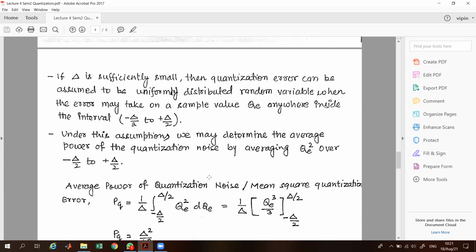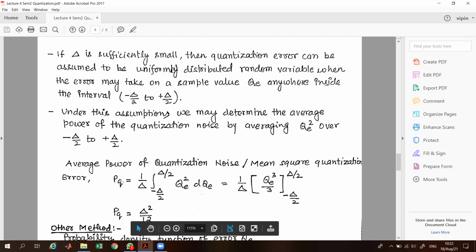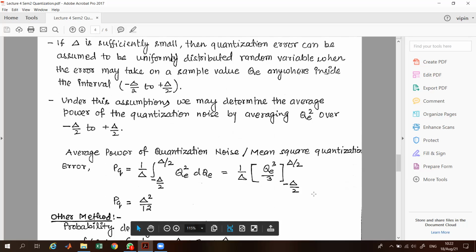If we need to find the average, we will take the average of QE square. If you know how to find the average, you divide by the interval. That complete interval is delta, and you integrate within the interval, from minus delta by 2 to plus delta by 2, QE square dQE. Then it becomes QE cubed divided by 3 delta, from minus delta by 2 to delta by 2.